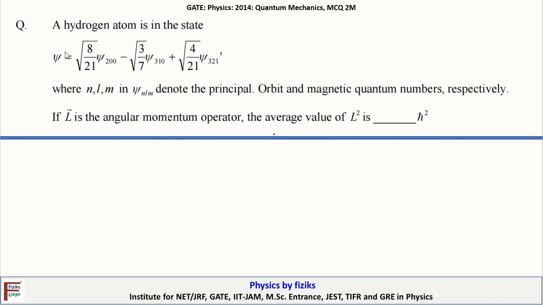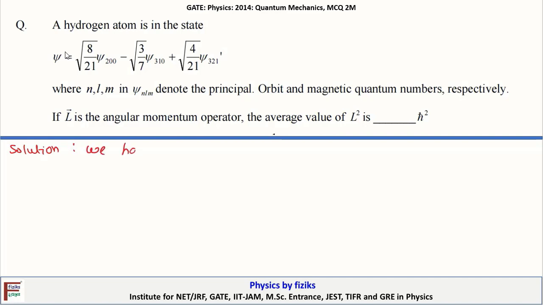A hydrogen atom is in the state ψ equals √(8/21) ψ200 minus √(3/7) ψ310 plus √(4/21) ψ321, where n, l, m denote the principal, orbital and magnetic quantum numbers respectively. If L is the angular momentum, the value of ⟨L²⟩ is? Solution.